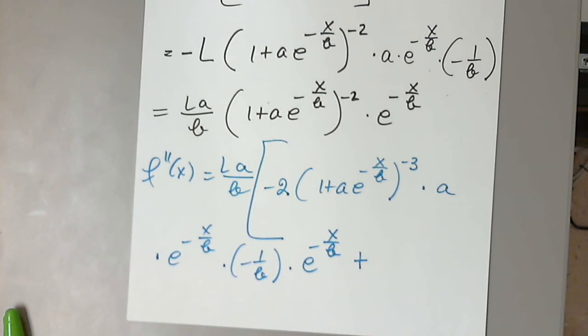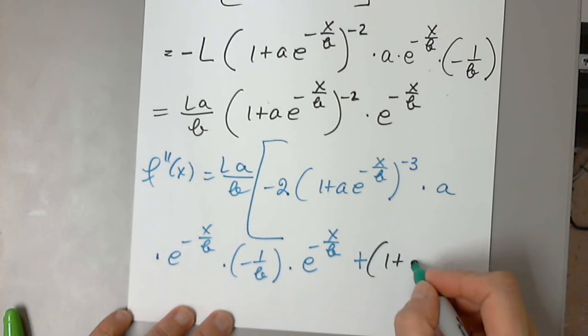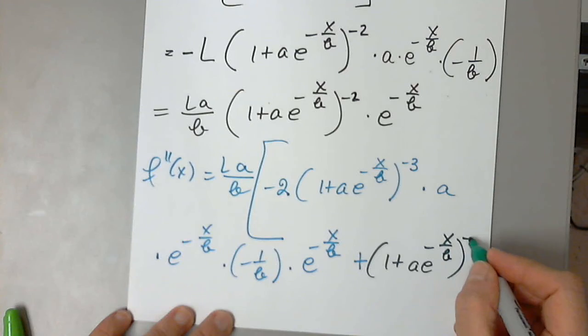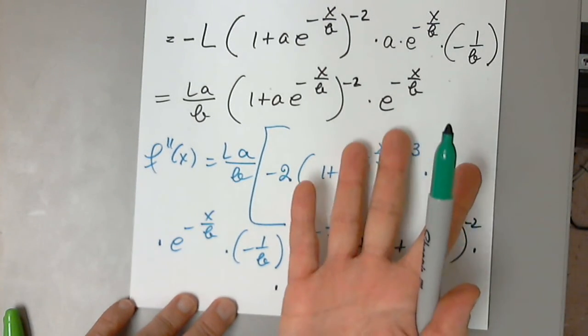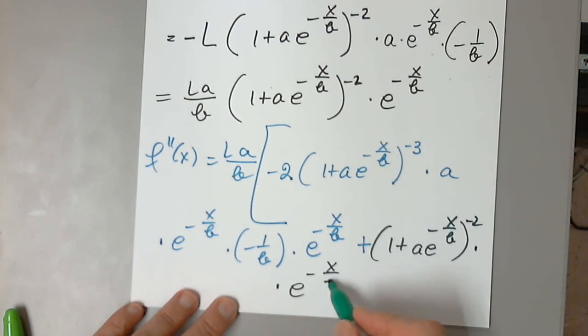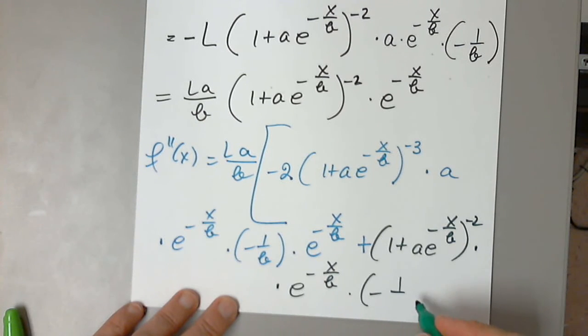Okay, so I bring negative 2 down, I subtract 1 from the power, I differentiate the inner, a times e to negative x over b times the inner function prime, negative 1 over b, times the second function. Are we okay so far? Plus, I copy the first function now, times the second one prime, e to negative x over b times negative 1 over b.